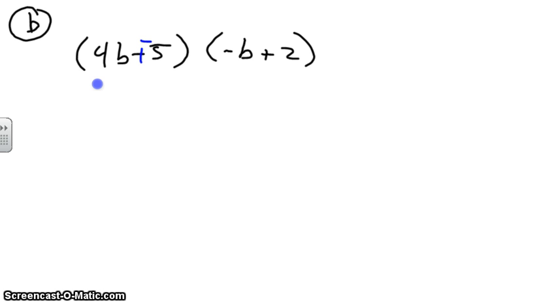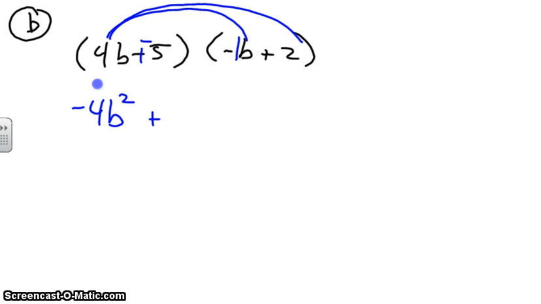So 4b, rather than writing that out, can we do the multiplication as we go? 4b times negative b is, and Courtney says there would be like a -1 here, that's right. So 4b times -1b is? Negative 4b squared. Good, -4b squared. b times b is b squared. See, this is all multiplication. Okay, plus 4b times 2.